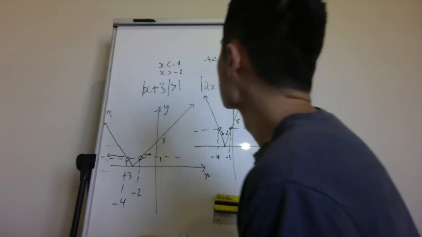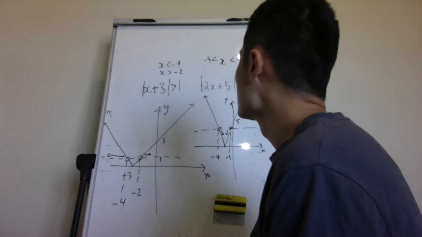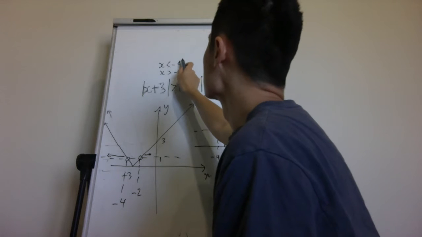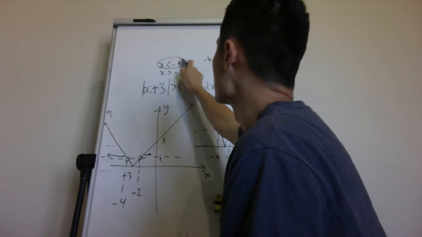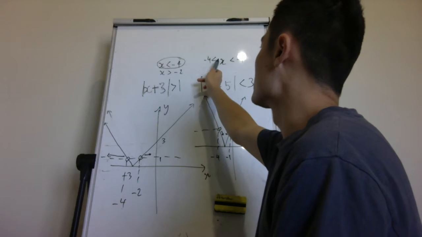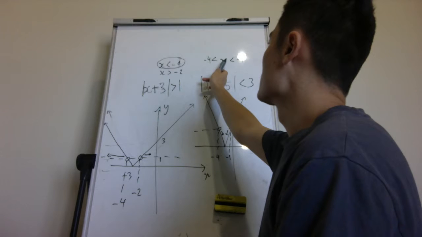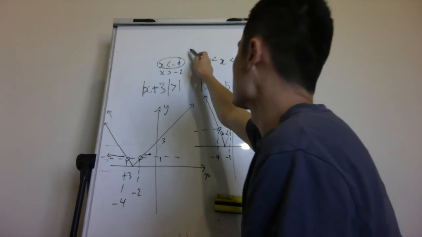Okay, so if x has to be less than minus 4, okay, it's not going to intercept with stuff that's greater than minus 4. Okay, so that's out.